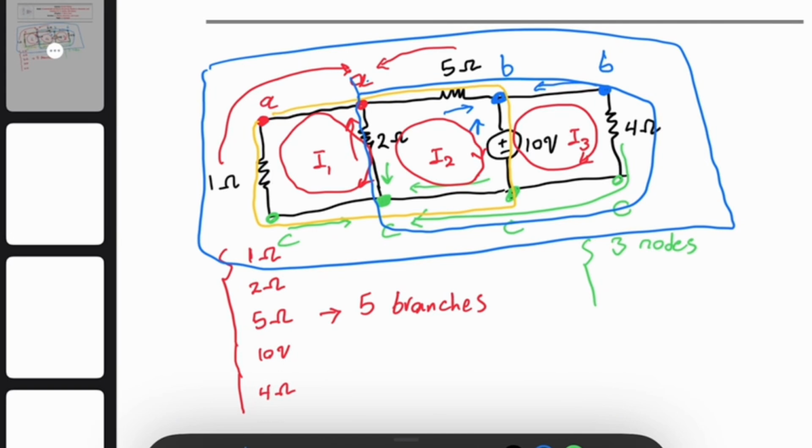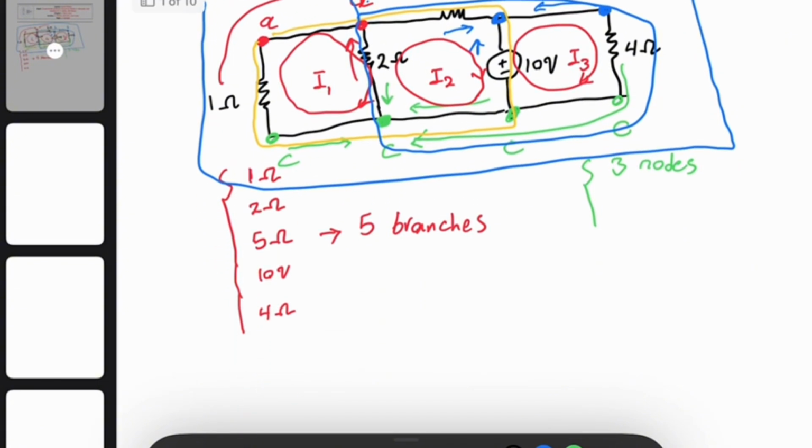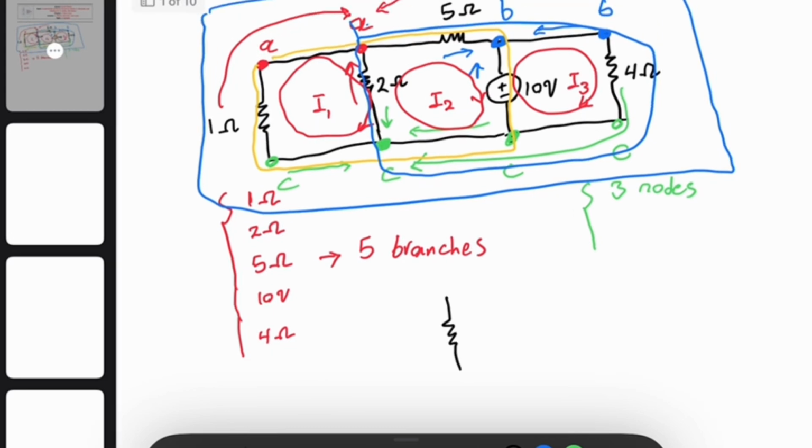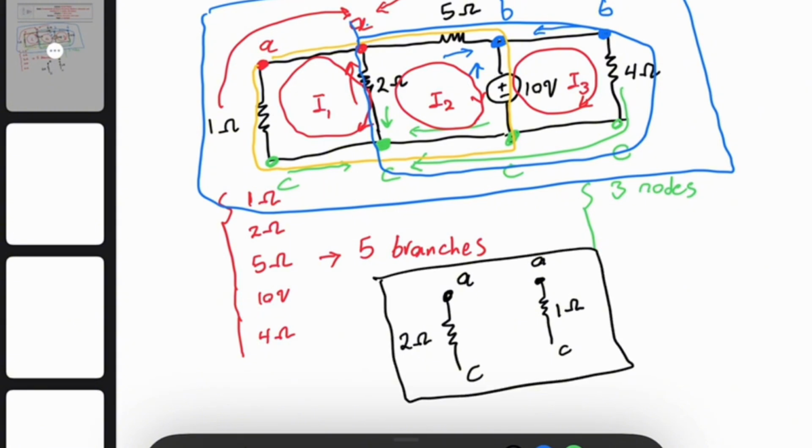If you look at this circuit, you can see the 2 ohm resistor that I have over here is using node A and node C. If you look at the 1 ohm resistor, the 1 ohm resistor is also using node A and C. Therefore, these two resistor elements are in parallel.